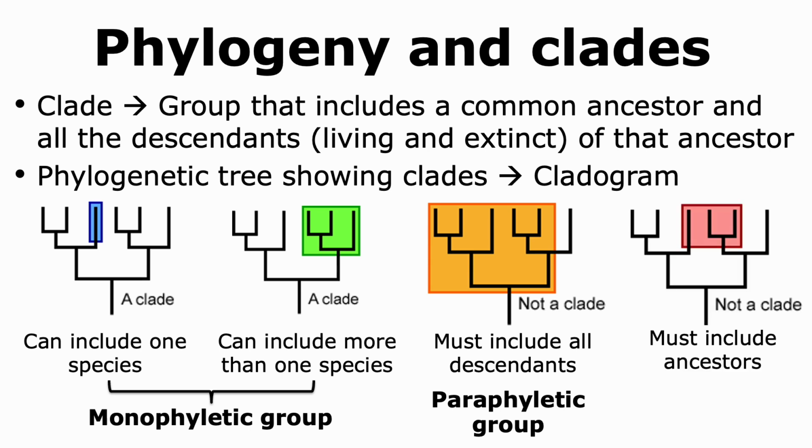Another situation can arise where a group can be defined which includes certain descendants but does not include the ancestors. Again, such a group is not a clade, and in fact, this is a polyphyletic group. Thus, to be considered a clade, the group has to include the common ancestor and all the descendants of that ancestor.